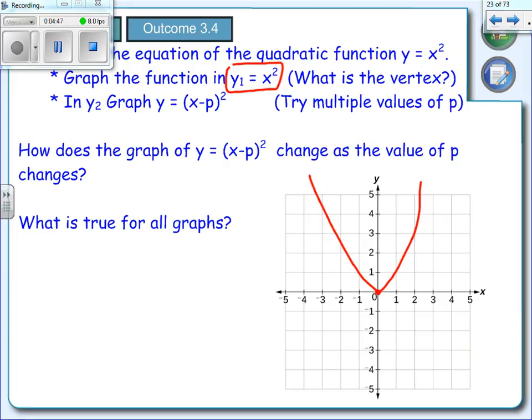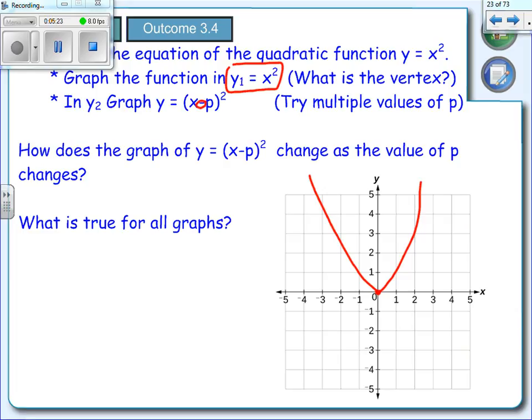In this case, notice that they put y equals x and then minus p. So instead of having a plus q, we have a minus p, and it's inside the brackets. So that changes things a little bit. When you're putting it in your calculator, when we go to do our experiments, make sure that you definitely use brackets. So in your calculator, you're going to want to put y1 equals, and then bracket x, and let's try minus 1, and then square it.